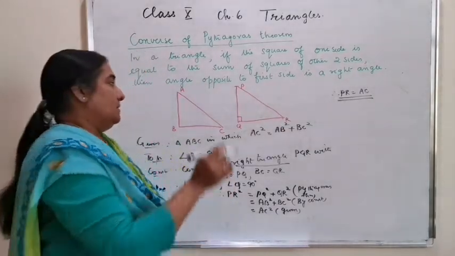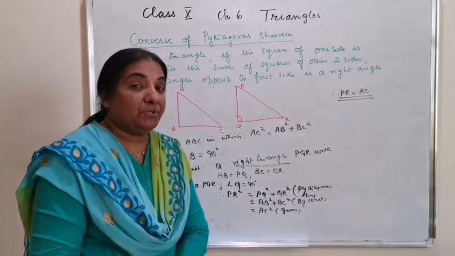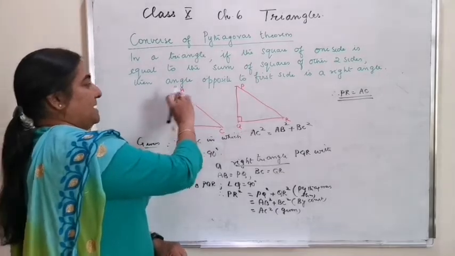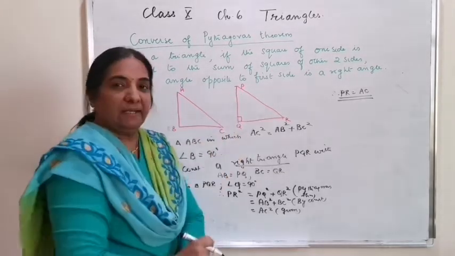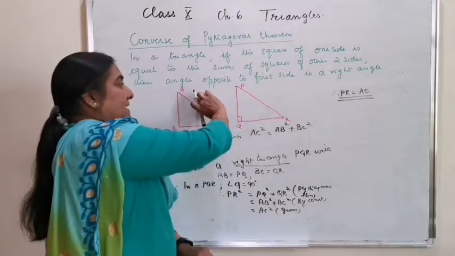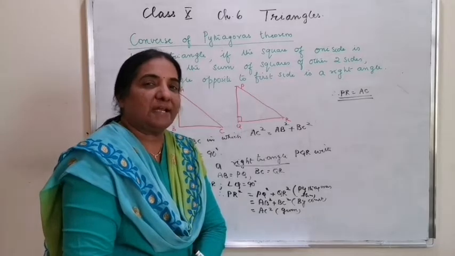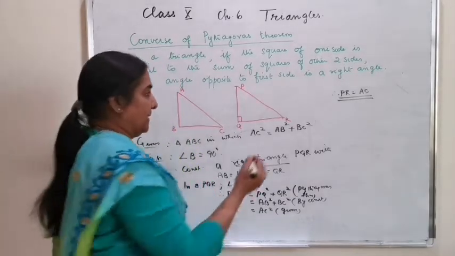Now, take both the triangles ABC and PQR. What can you derive about them? You drew AB and PQ of equal length, BC and QR of equal length, and you could prove AC and PR are of equal length, which shows that both the triangles are congruent. Let's prove the triangles are congruent.